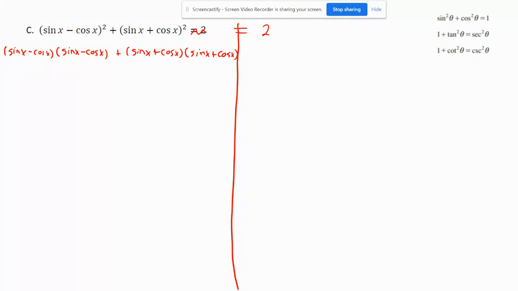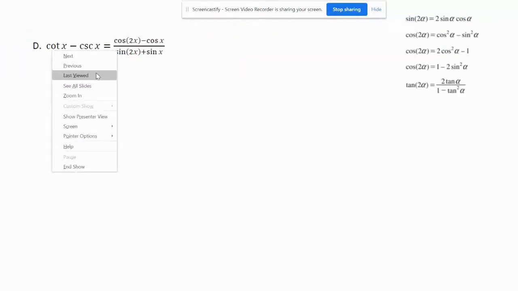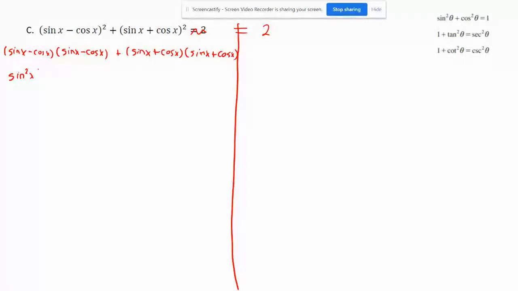So for the first one, we get sine squared, this is going to be minus sine cos as well, so it's going to be minus 2 sine x cos x plus cos squared. For this one, similarly, sine times sine is going to be sine squared.